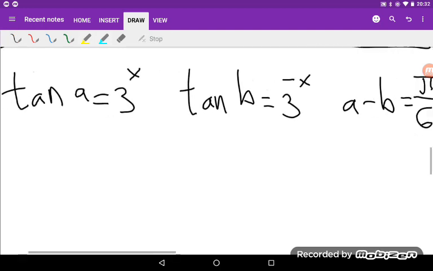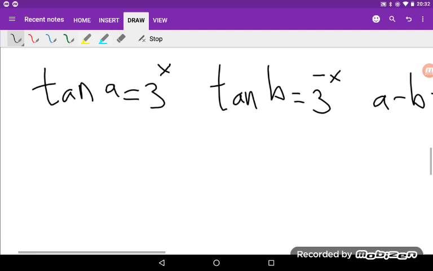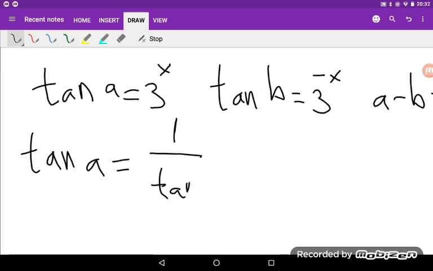Okay, so we can see that tangent of a is 3 to the power of x, and tangent of b is 3 to the power of negative x. So that's basically 1 over 3 to the power of x. So I can write tangent of a is equal to 1 over tangent of b. Okay, and 1 over tangent of b is actually cotangent of b.